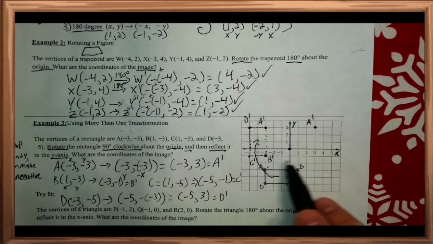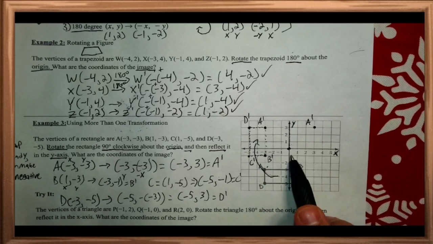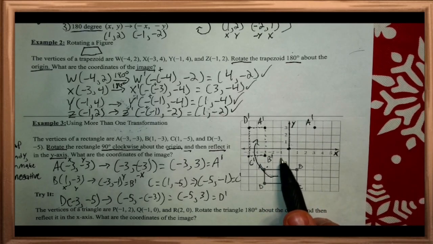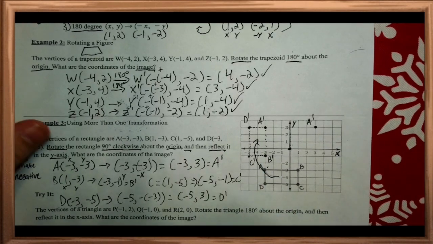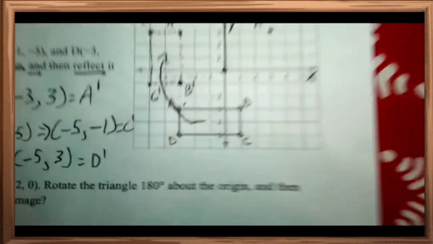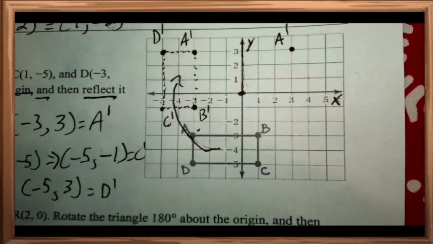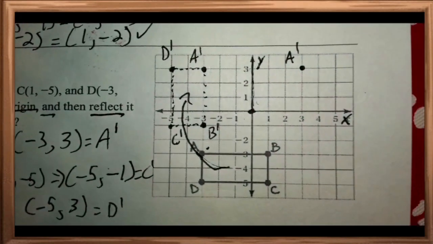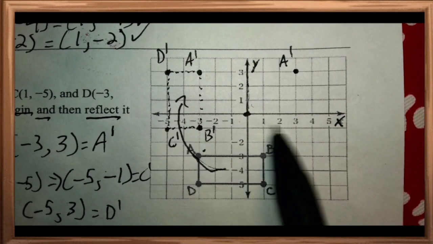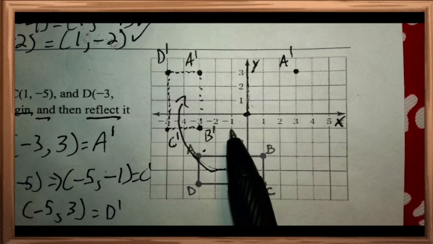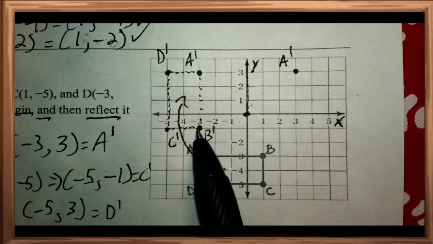Now let's look at B. How far away is B prime from the y-axis? 1, 2, 3. It's 3 away. I'll zoom in here just a little bit more so you can see. There we go. All right. The distance of B prime from the y-axis: 1, 2, 3.